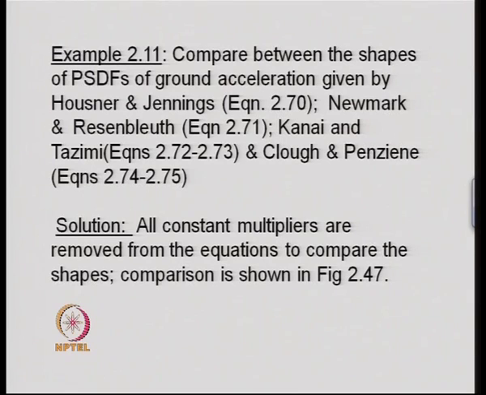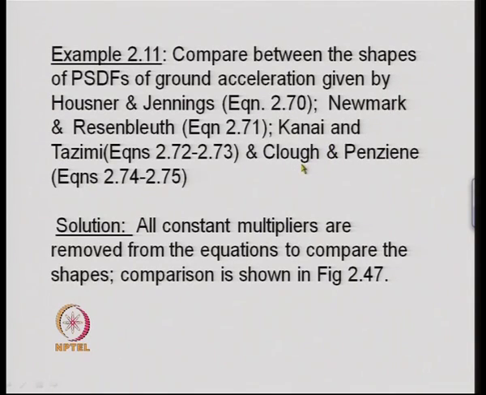Then we compared the power spectral density functions of ground acceleration given by different expressions, for example, Housner and Jennings, Newmark and Rosenblueth, Kanai and Tajimi, and Clough and Penzien.